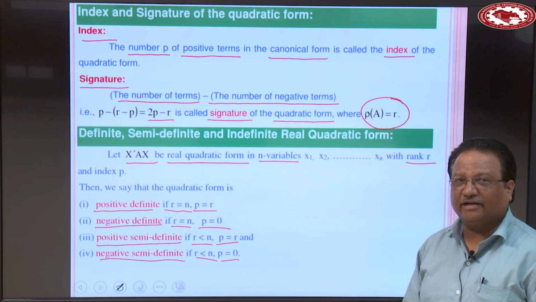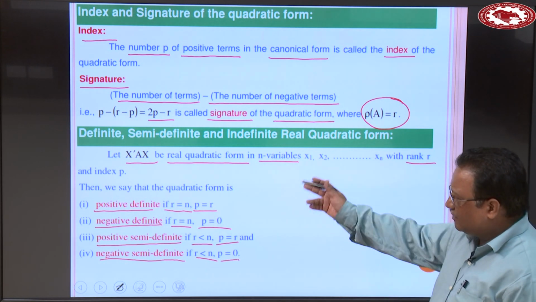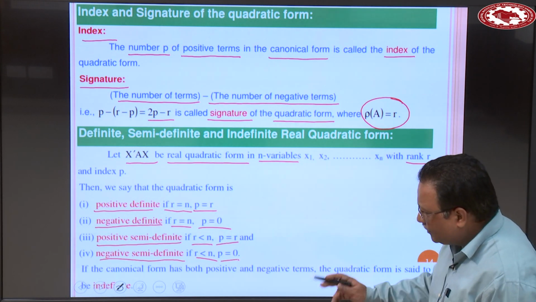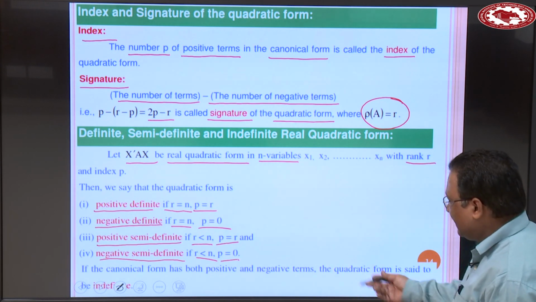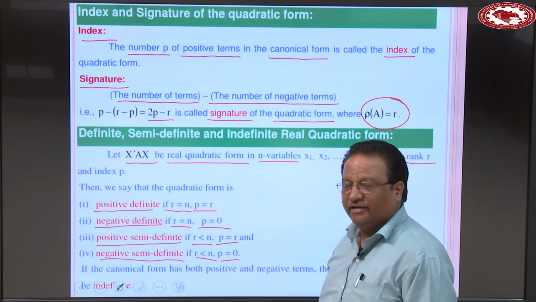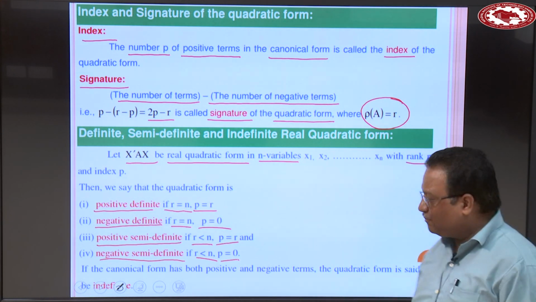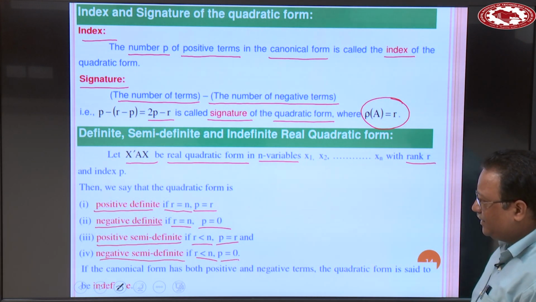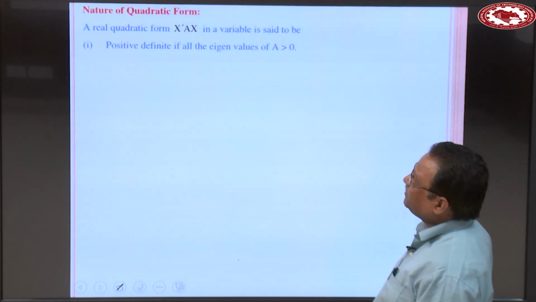Clear? Then we say that quadratic form is negative semi-definite. And if the canonical form has both positive and negative terms, the quadratic form is said to be indefinite. Okay. So if we have positive as well as negative terms, then the quadratic form is said to be indefinite.